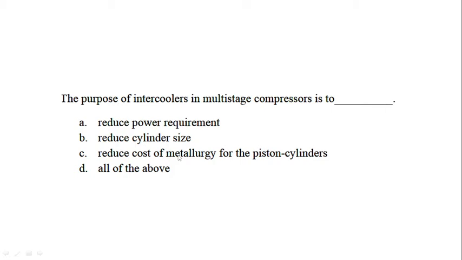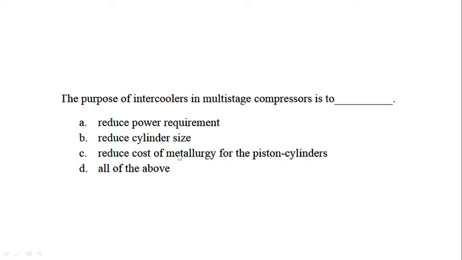And the work required will be minimum when the process is isothermal. So if the temperature here is T1, here also it will be nearly T1, but a slight variation will be there.